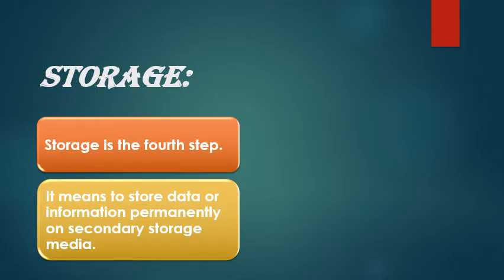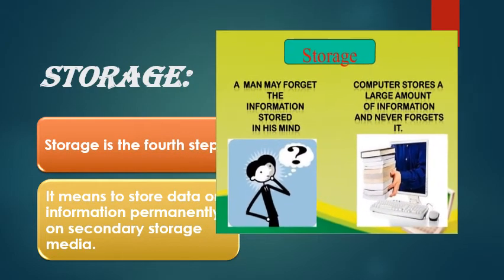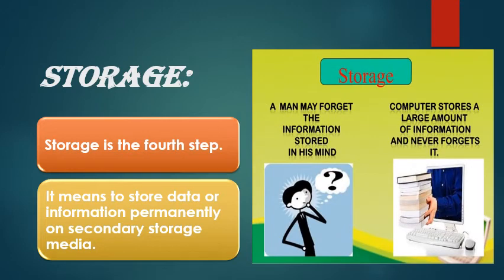Storage is the fourth step. It means to store data or information permanently on secondary storage media. A man may forget the information stored in his mind, but a computer stores a large amount of information and never forgets it.